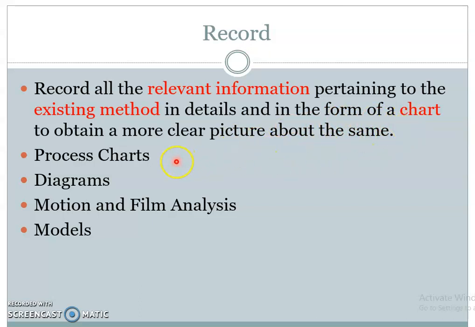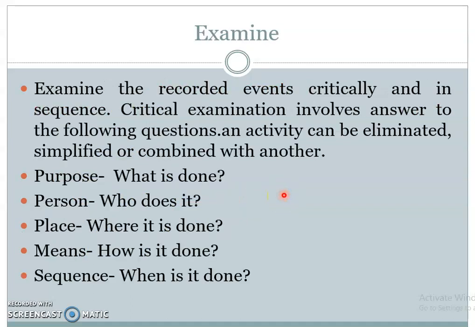There are various charts depending upon what process and what information they give us. That is process charts, diagrams, motion and film analysis and models. We will see these later in due course of time in this unit. So the third step is examine.